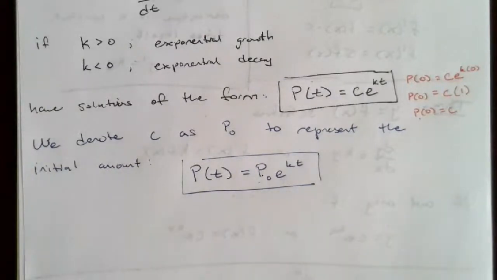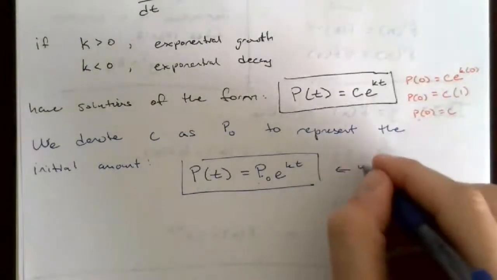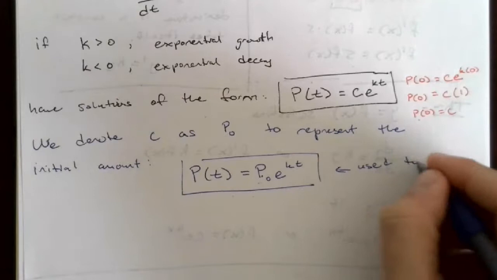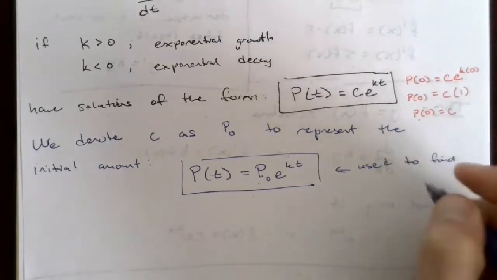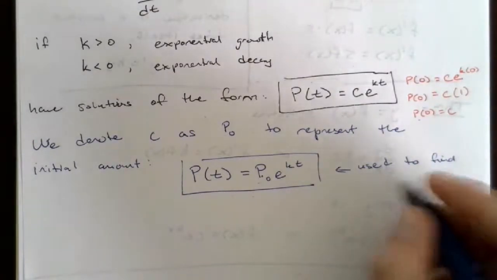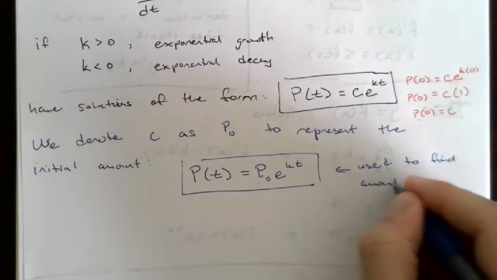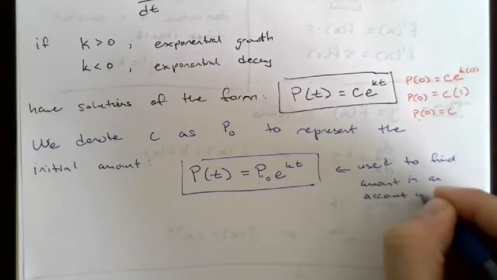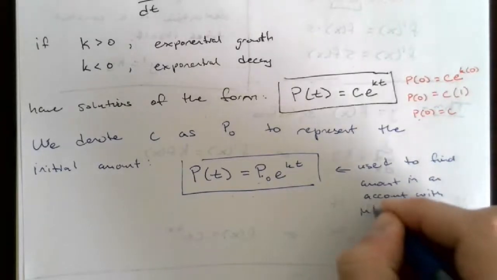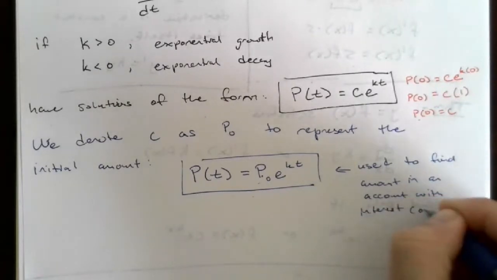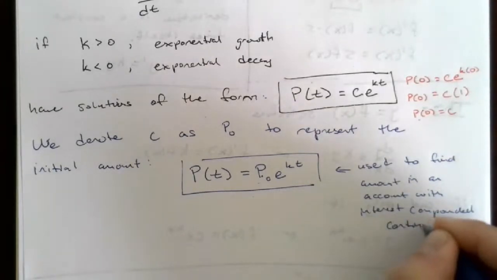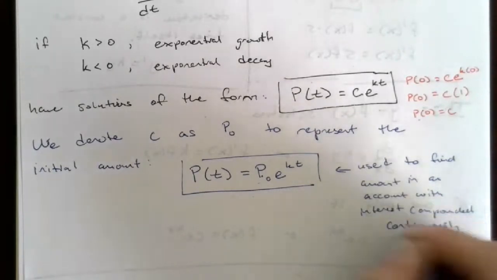All right, and we've seen this before when we talked about compound interest formulas. So we use this to find the amount in an account with interest compounded continuously.